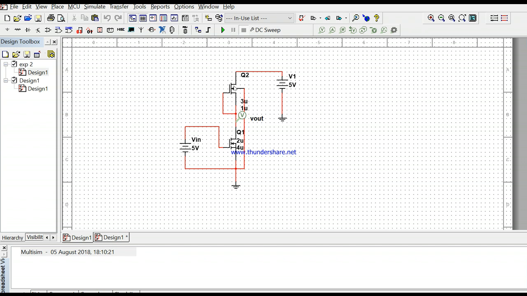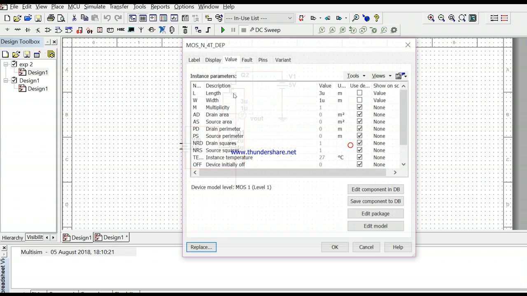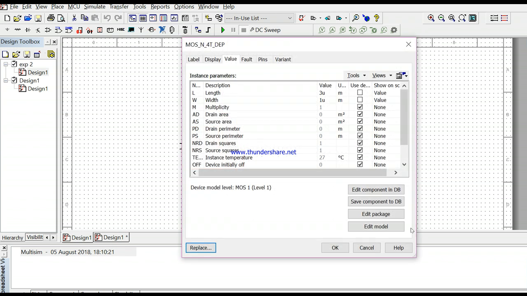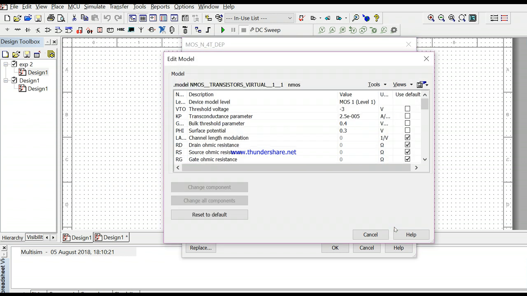Now we have to change the parameters of the depletion as well as the EMOS. So first, changing the depletion MOSFET parameters. I have already changed it. We have to go in edit model and then threshold voltage. Now we know the threshold voltage of depletion was -3 volt, so I have written it over here. You should just double tap over here, write the value and enter. So it is -3 over here.